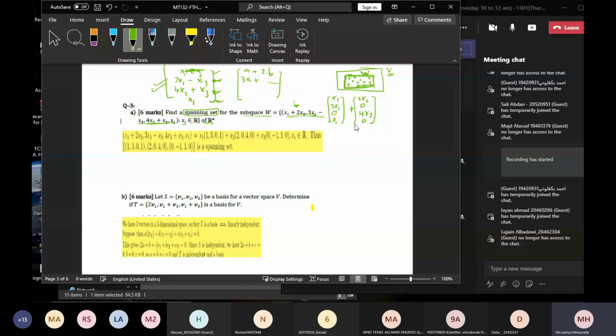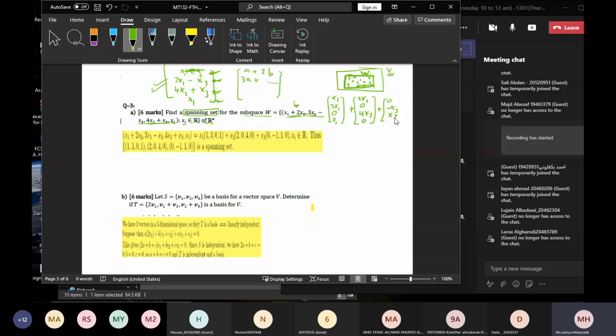And then plus the third one related to x3: here there are no x3 terms, 0, and then here minus x3 and then here plus x3 and then here 0. We take the x1 as a common factor from this vector. Right? Addition of these vectors will give me this one here, correct?